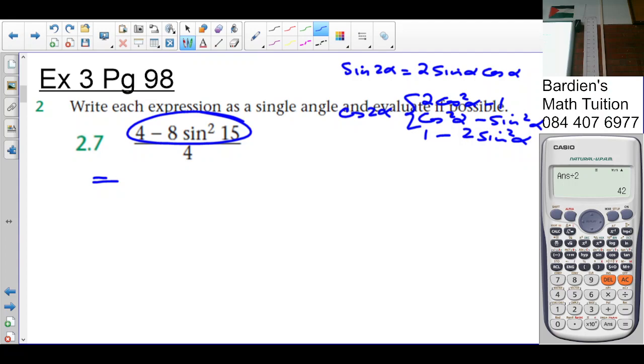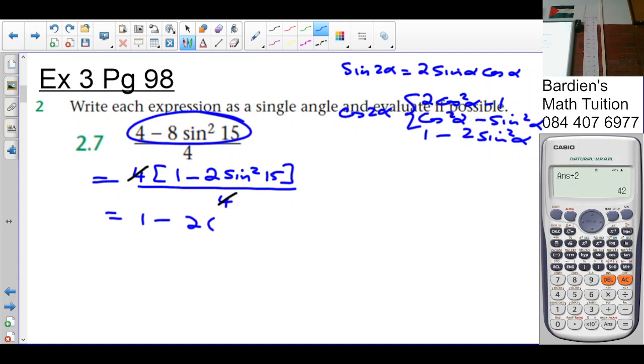What are we left with? 1 minus 2 sine squared alpha, which in this case is 15, over. So what happens now? 4 is cancelled. So you're left with 1 minus 2 sine squared alpha.